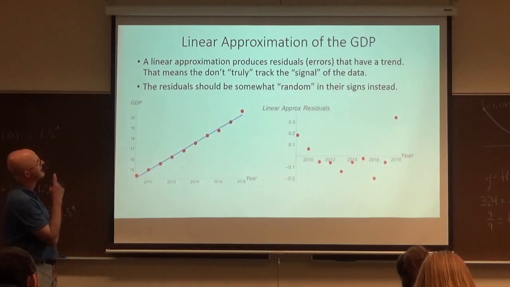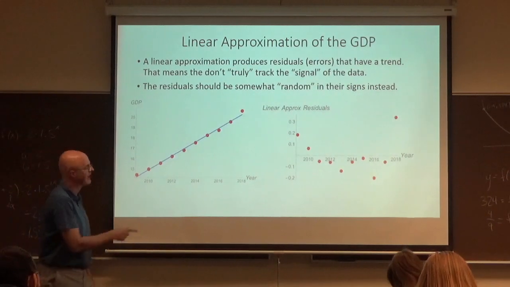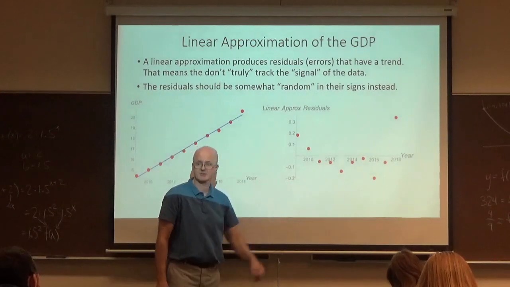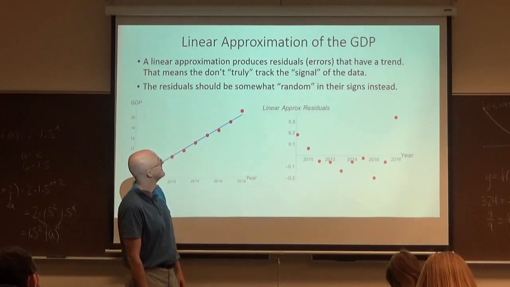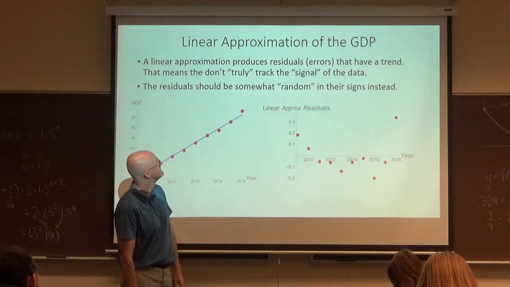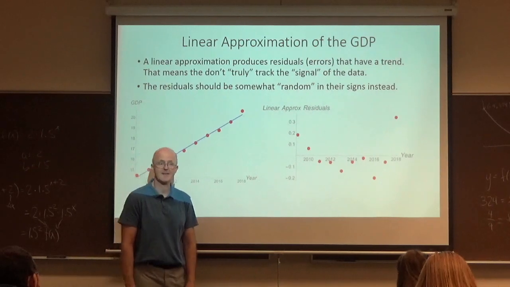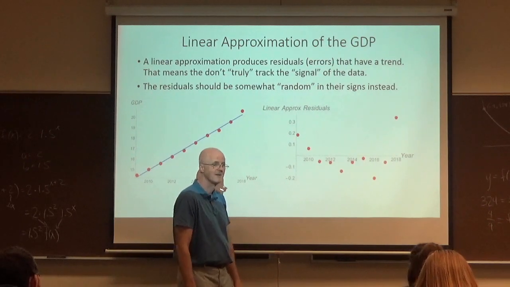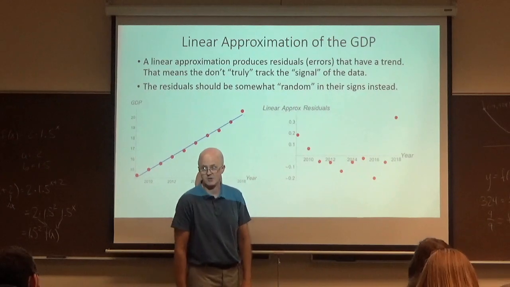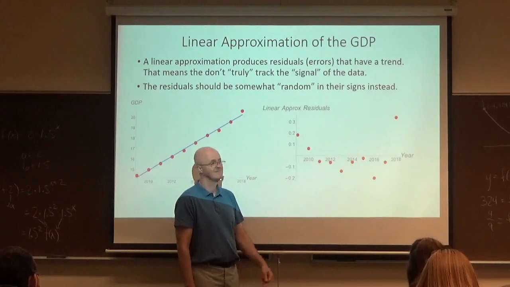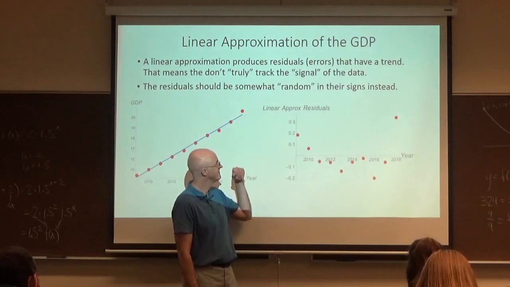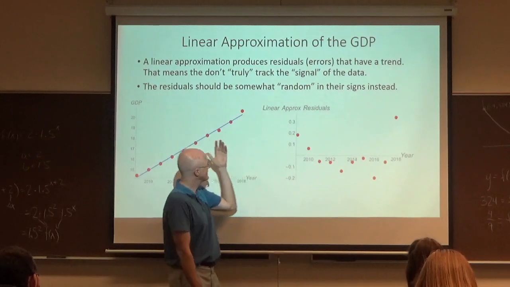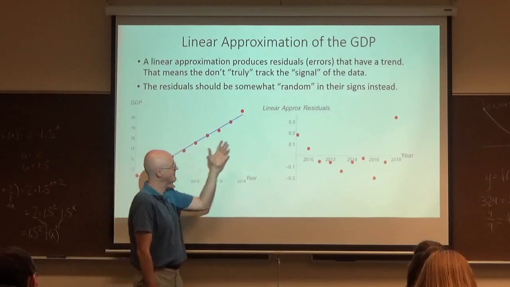What do you think I mean by saying this residual graph on the right has a pattern to it? They have a trend. What do you think I mean by that? It's not a real strong trend. Trend being, go ahead, that's good. That's what this is, what you call the trend line. But I'm talking about the graph over here.